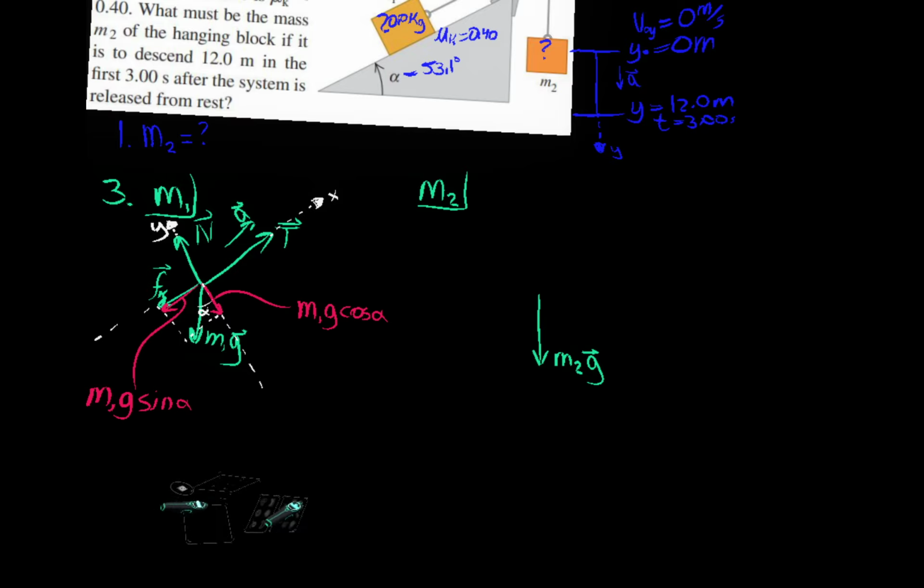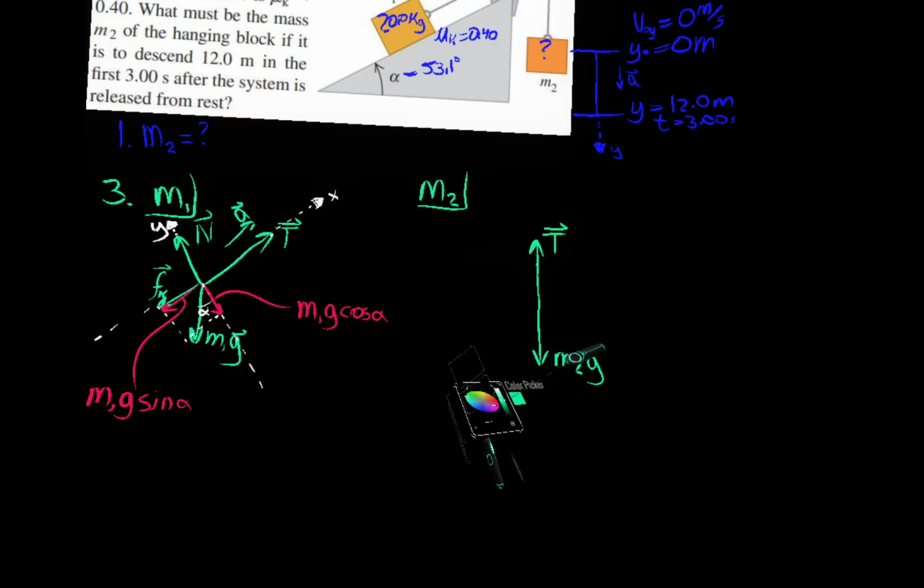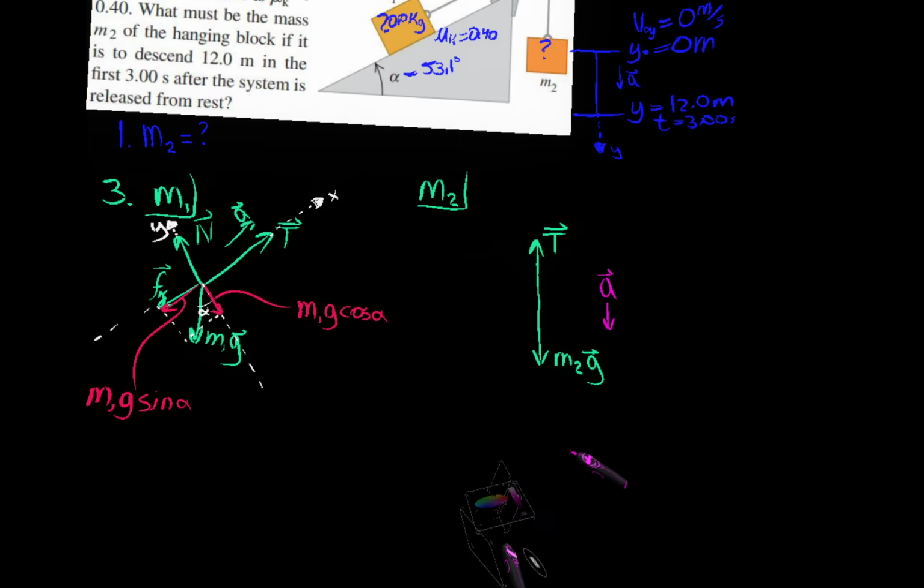There we go. And it has tension this way, and that's the same T as before, right? It's just redirected. It has some acceleration this way. If we wanted to label that, it might help. But that's all the forces that I see.